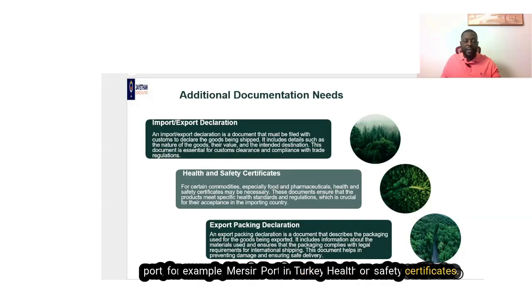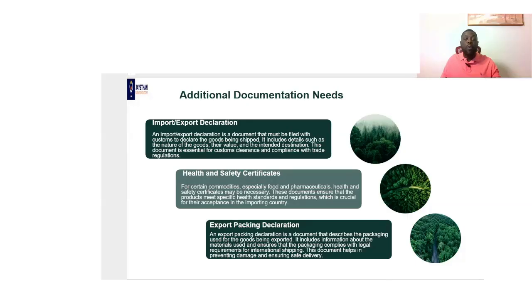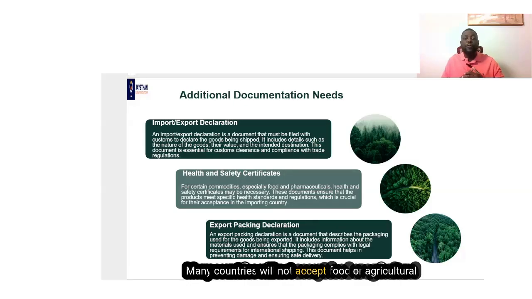Health and safety certificates. This certificate shows your product meets health and safety standards. Why is it needed? Many countries will not accept food or agricultural products unless they meet safety requirements.